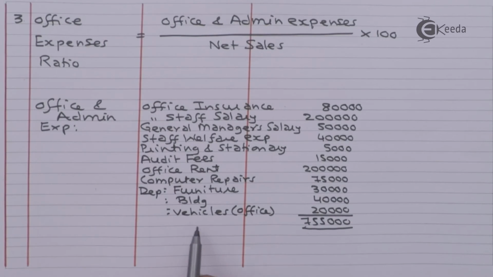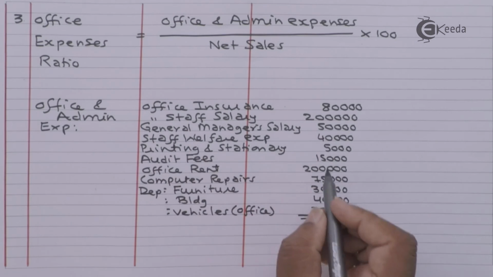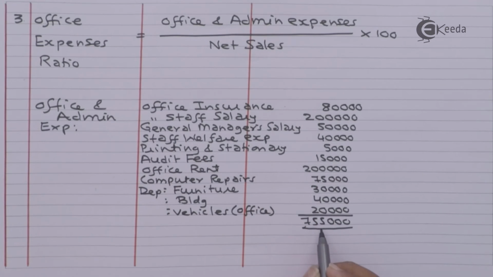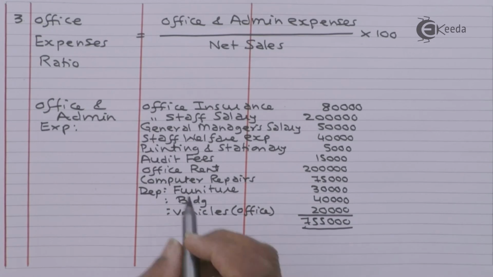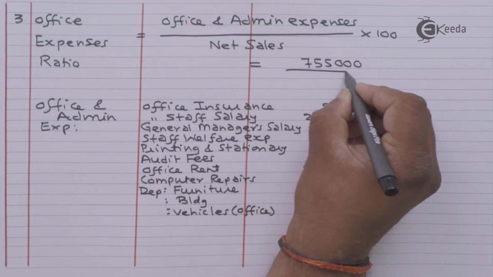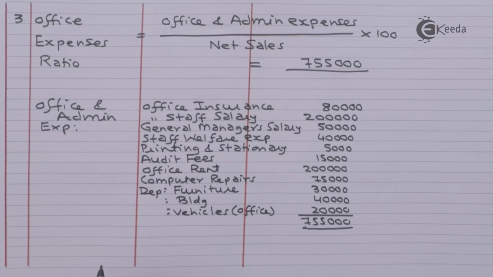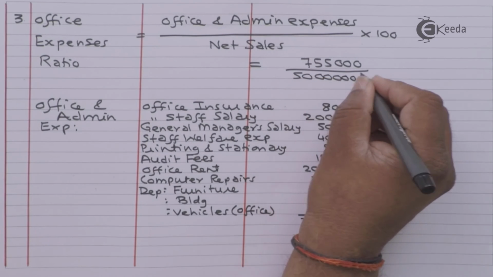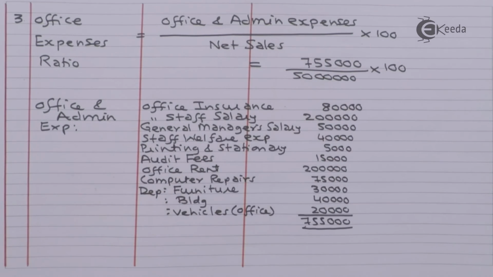Here office vehicles depreciation we have taken 20,000. If we assume those are sales vans or sales vehicles, then it will alternatively be treated as selling expenses. So total office and administration expenses we got 7,55,000 divided by net sales multiplied by 100.